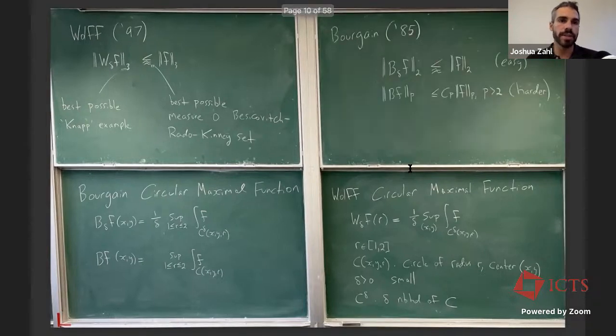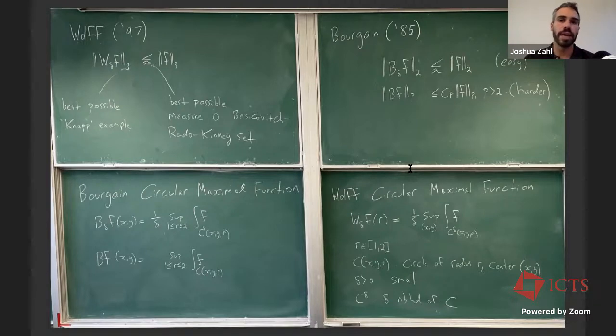And in contrast to the situation with the Kakeya or Wolff maximal functions, the Bourgain maximal function actually is bounded as a map from L^p to L^p. And if p is bigger than 2, you can bound this with an operator norm that is independent of delta, from which you can recover this bound on Bf as opposed to B_delta f. And so that's a new phenomenon.